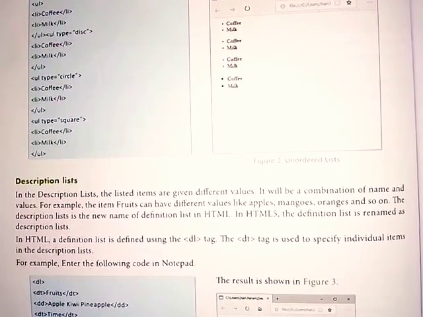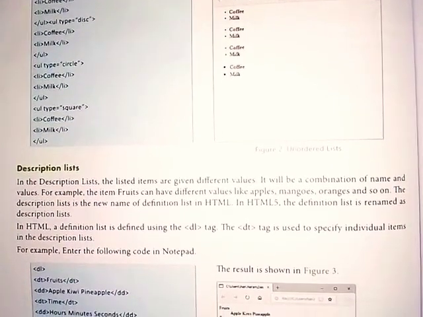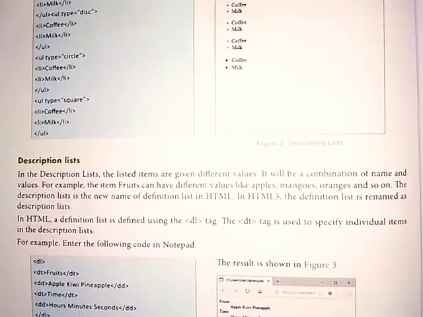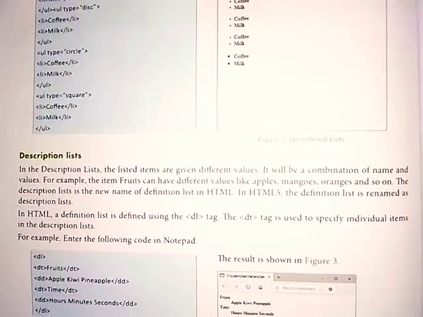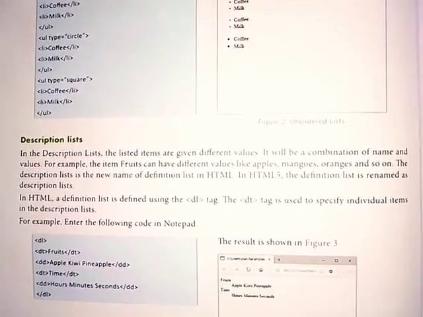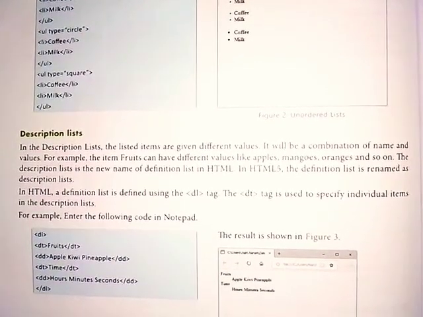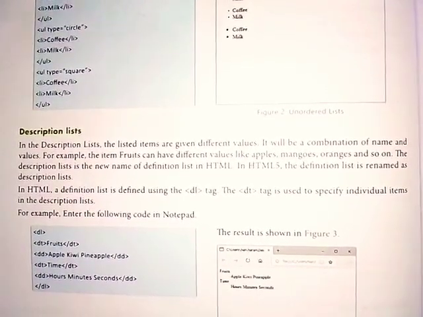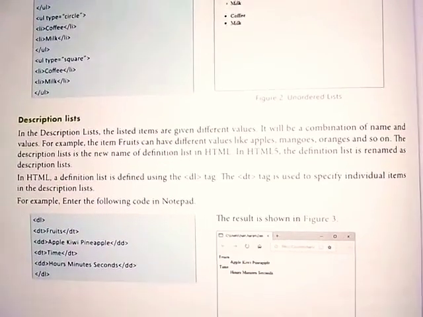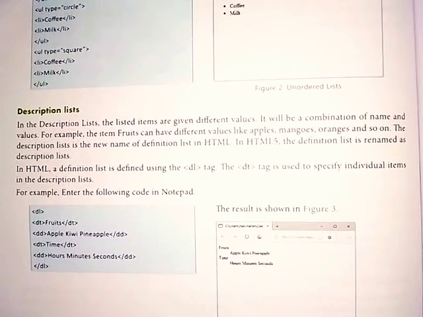In HTML, the definition list is renamed as description lists. In HTML, a definition list is defined using the DL tag. The DT tag is used to specify individual items. For example, enter the following code in the Notepad.